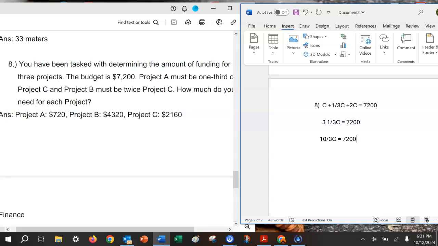Now, to get C by itself, I'm going to multiply both sides by 3 over 10. What happens on the left? I have 3 over 10 times 10 over 3, and they multiply together to make 1.